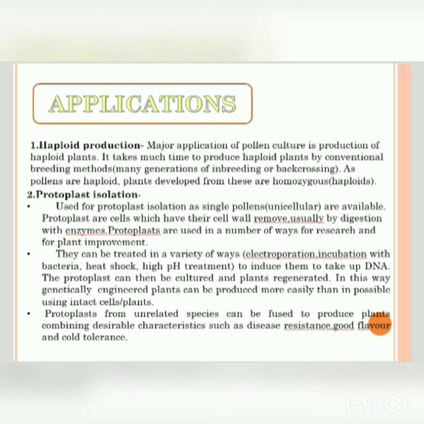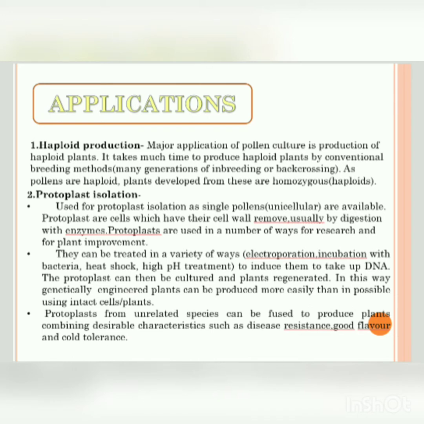So the protoplast isolation, this is used as single pollens, that is the unicellular, are available. Now what is this protoplast? As we are studying, this protoplast isolation is one of the applications of the anther and pollen culture. But what is it? Protoplasts are the cells which have their cell wall removed, usually by the digestion with enzymes.